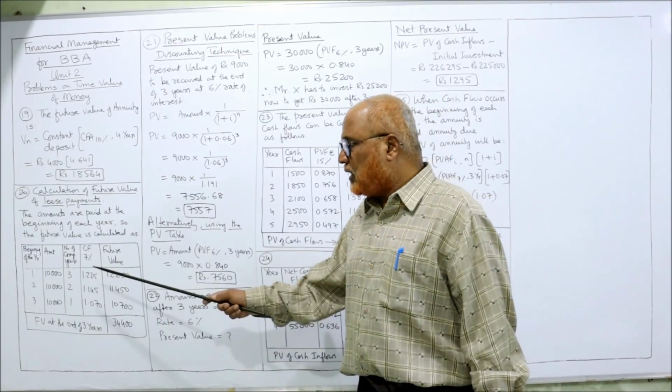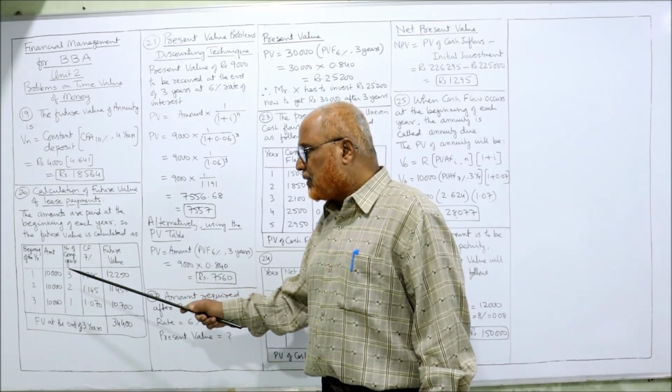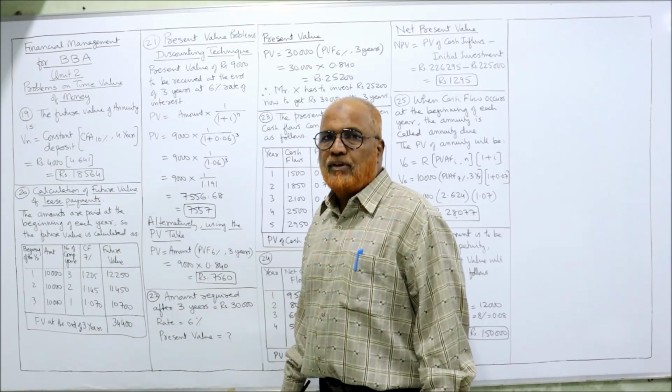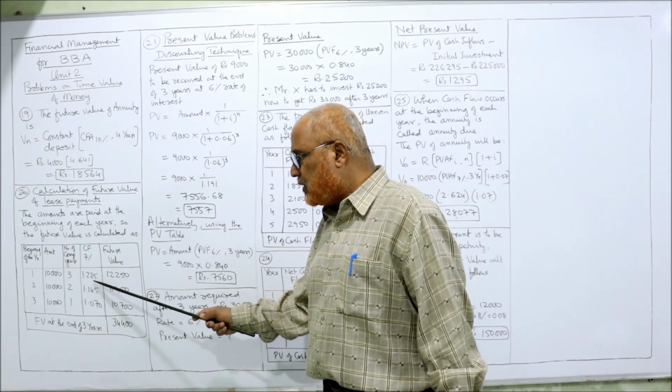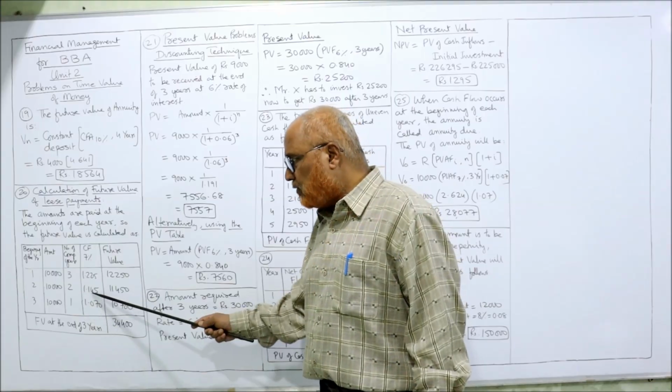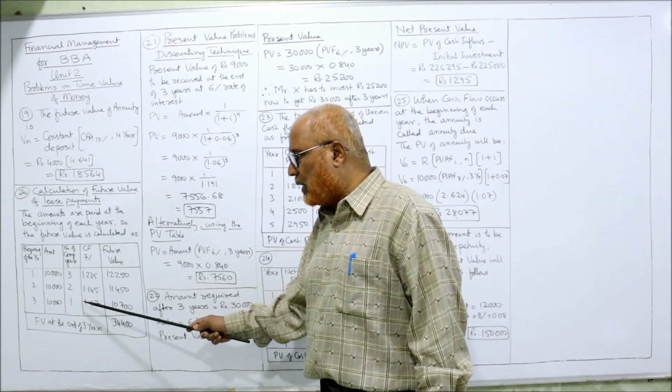So compound factor 7%, 3 years. Not annuity; we are taking only the compound value per rupee. So 1.225, 1.145, 1.070 for 3 years, 2 years, 1 year.